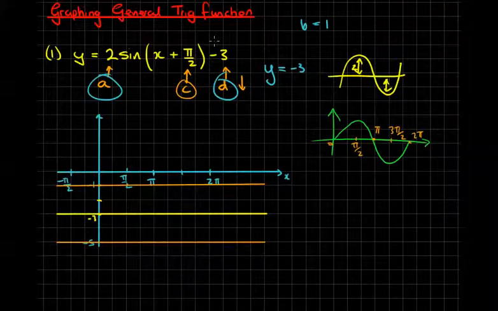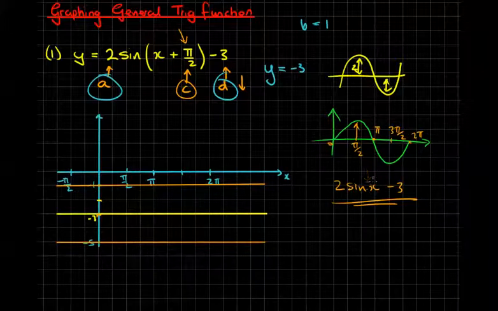Now what I want you to do is imagine this wasn't there. Ignore that pi over 2. Imagine you were just asked to do 2 sine x take away 3. All it would do is take this green function, make this hump bigger and move it down 3 places. So you would start here, and then draw your hump going up like that, at exactly the same values, 0, pi over 2, pi, 3 pi over 2 and 2 pi.